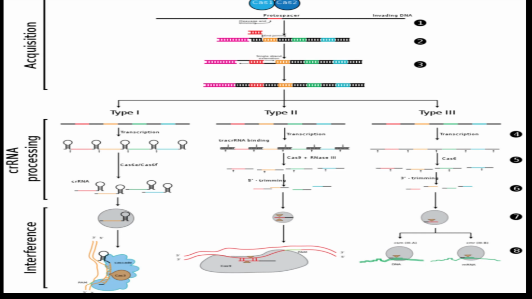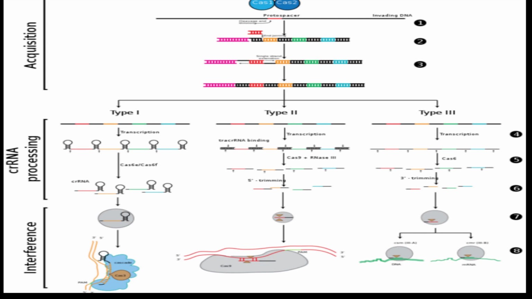In stage 6, secondary trimming is performed at either the 5' or 3' end to produce mature crRNAs in type 2 and type 3 systems. These mature crRNAs then associate with Cas proteins to form interference complexes in stage 7. For stage 8, type 1 and type 2 systems require interactions between the protein and PAM sequence to degrade invading DNA.